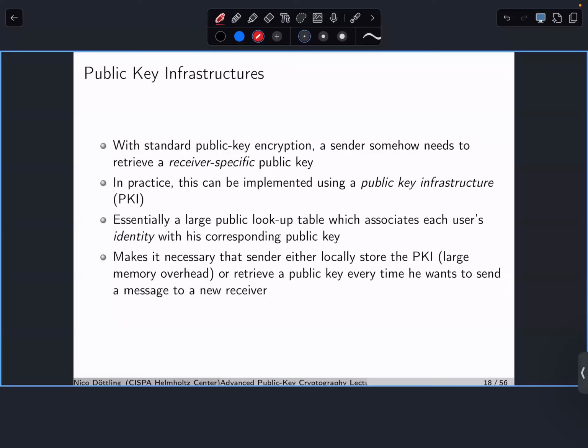Typically the server sends you this key, but how can you make sure it's the correct key? Well, we're going to make sure that the server really is who it pretends to be, and for that we have a certificate authority, which provides signatures of the server's key.